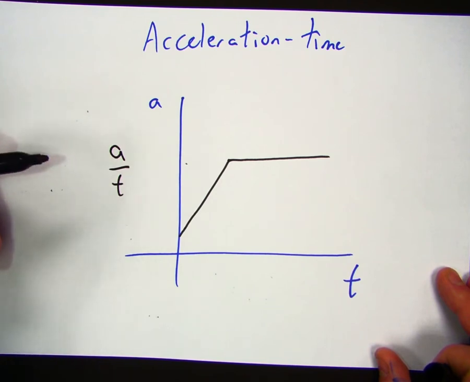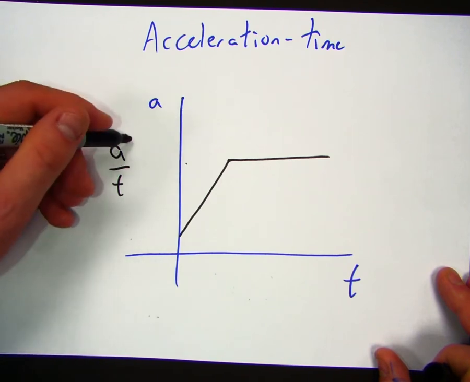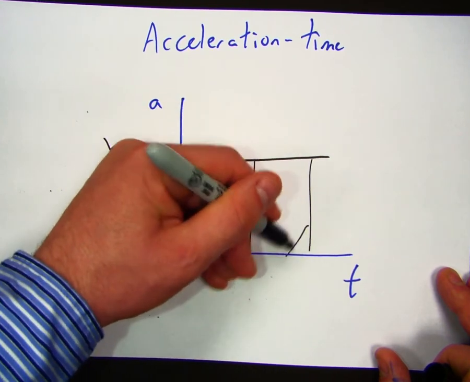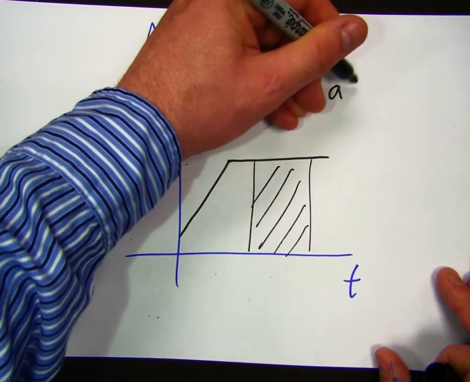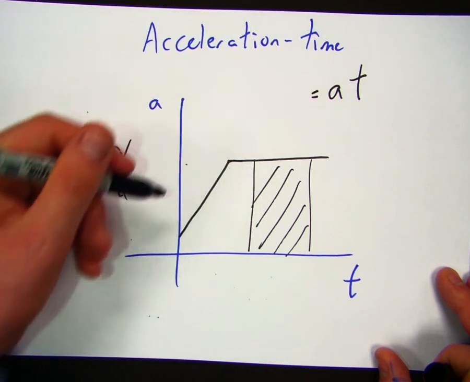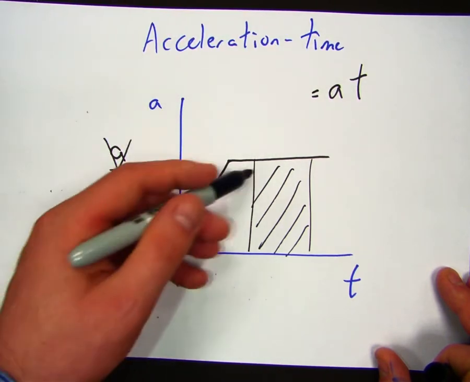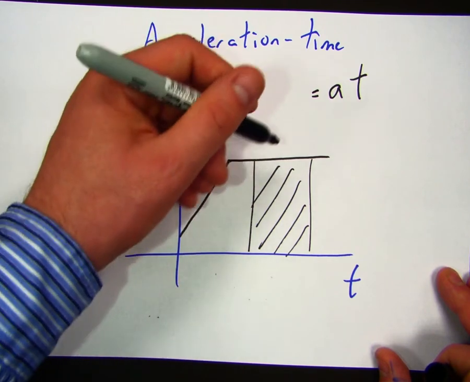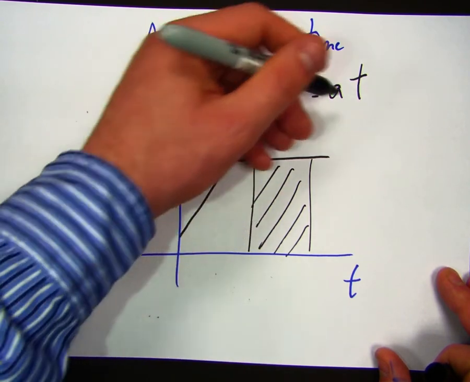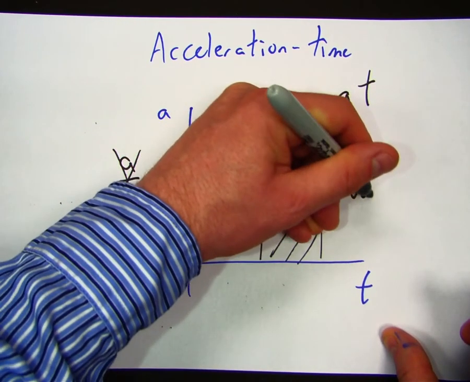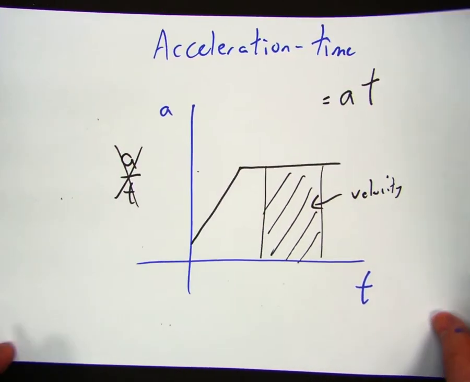This means nothing to us, so the slope is nothing meaningful. But the area, on the other hand, would be a times time, which actually will indicate the velocity. In fact, it'll be the final velocity if there was no initial velocity. So the area will indicate the velocity.